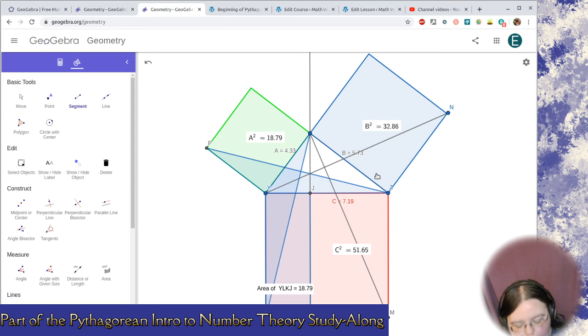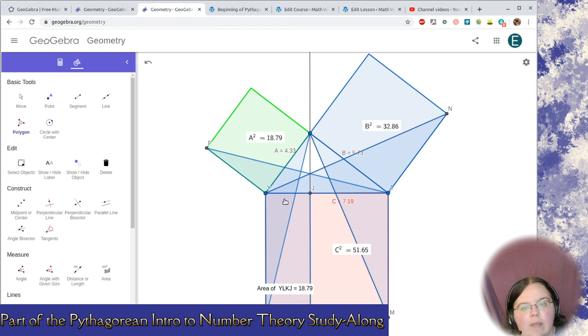Whoops, that's off. Okay, and then I can go ahead and draw the triangles. So I see one of them here, and I see the other one here.